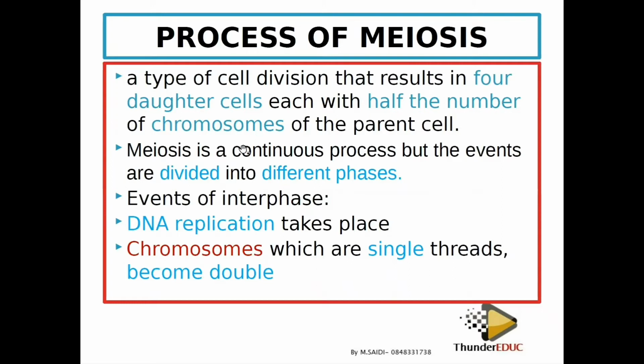It does not happen as soon as a child is born. It only occurs in meiosis when a child reaches the stage called puberty, and then from puberty it's going to be a continuous process, but the events in this continuous process are divided into different phases.